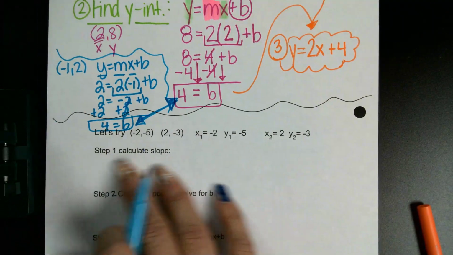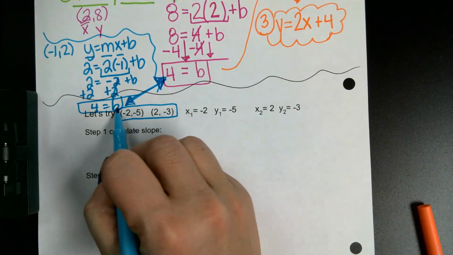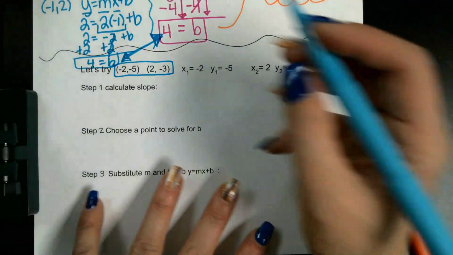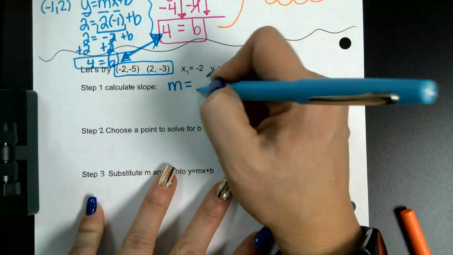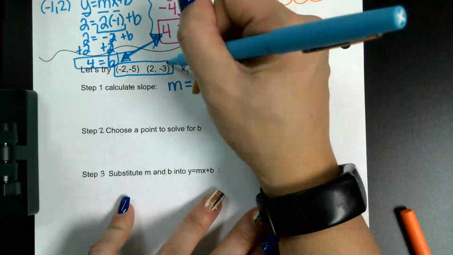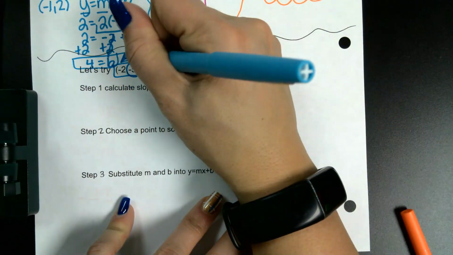Okay, step 1 down here, it says find slope. So here are the 2 ordered pairs we are using. Okay, so I'm going to take -3 minus negative 5.